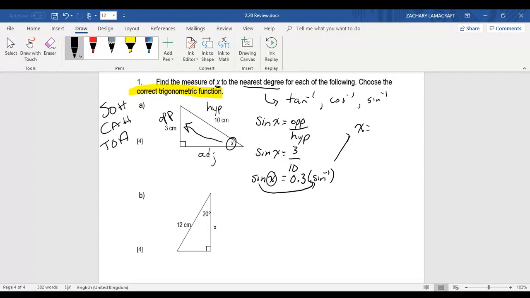So then x, if we put 0.3 sine negative 1 into our calculators, would then be 17.4. So our rounding would then just go to 17 degrees. Okay.